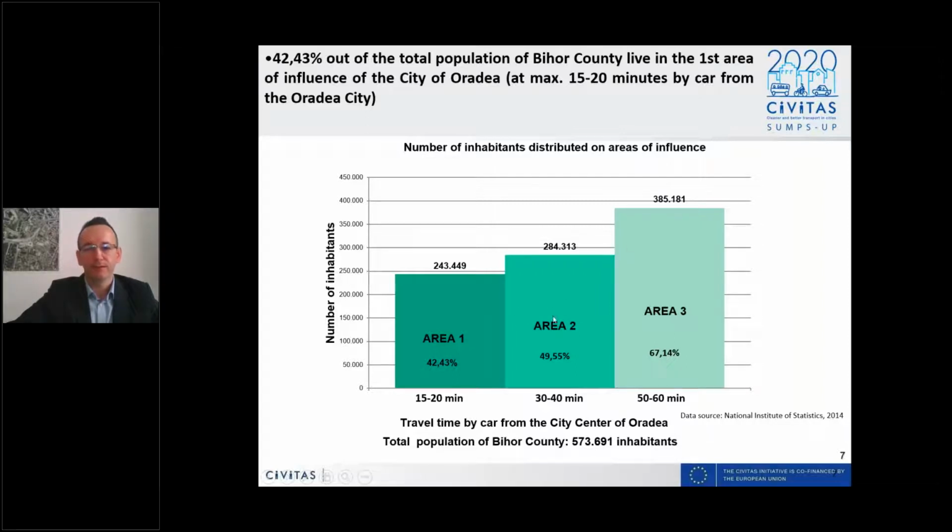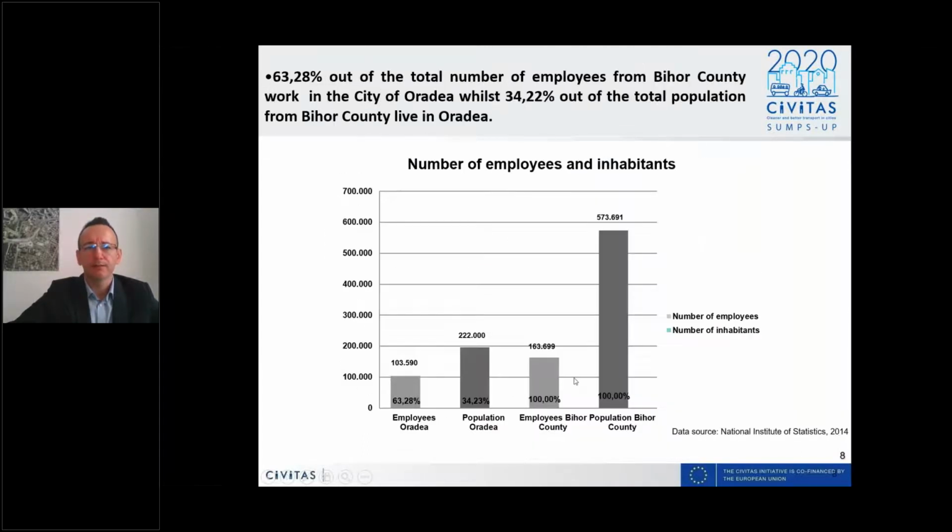We have defined 3 catchment areas, defined in terms of travel time by car from the city of Oradea. And regarding the number of employees, 62% of the total number of employees from Bihor County work in the city of Oradea.